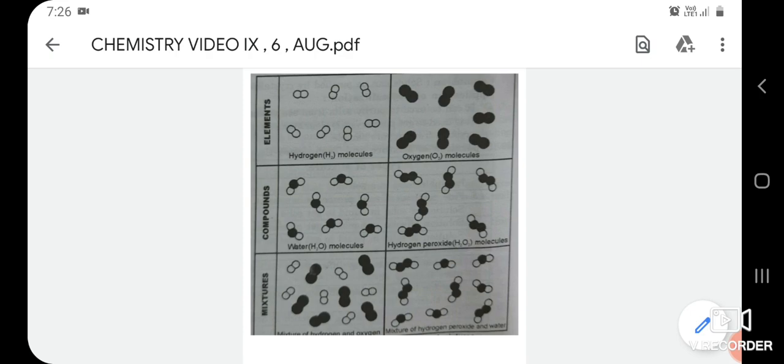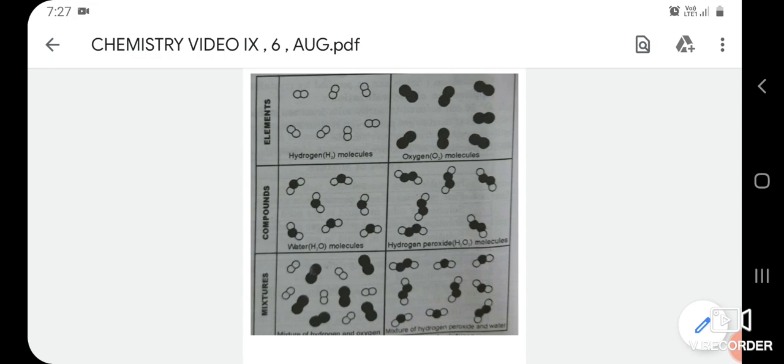The components of a mixture can be separated by physical methods. Heat, light or electricity is either produced or absorbed during formation of a compound. No heat, light or electricity is absorbed or evolved in preparation of a mixture. A compound is represented by a chemical formula and a mixture cannot be represented by a formula. A compound has a fixed melting point and boiling point, and a mixture does not have a fixed melting point and boiling point.